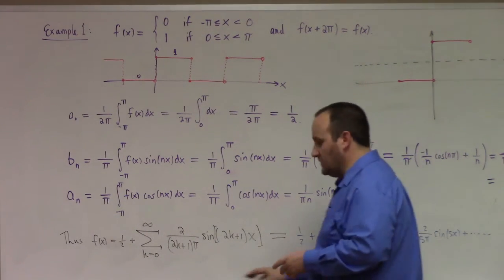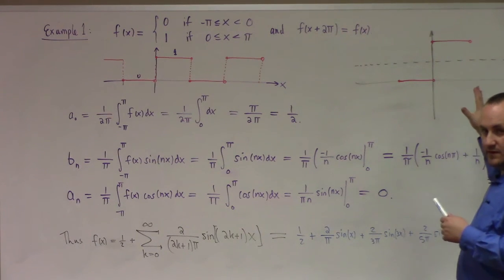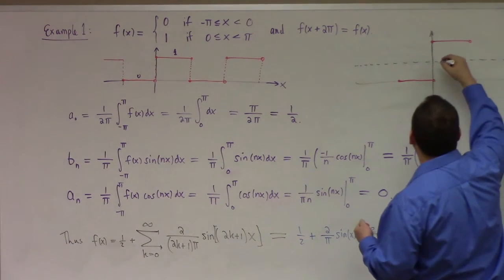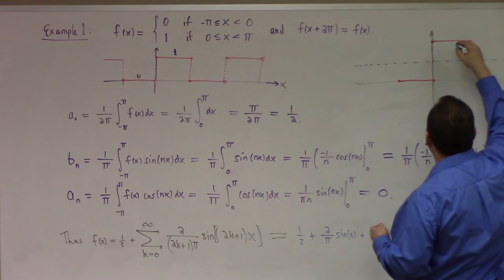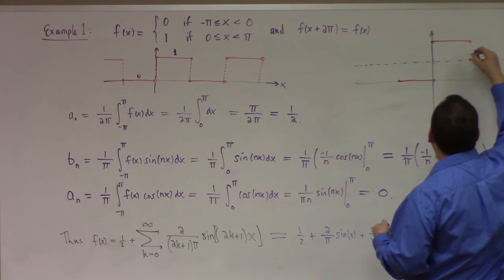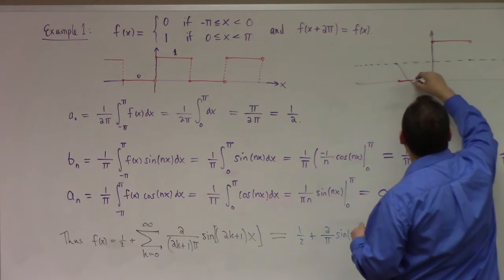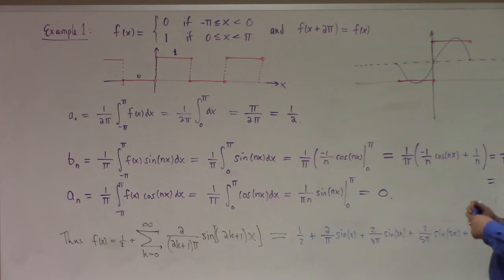And so it's going to overshoot a little bit, right? So there's like the first two terms, something like that.